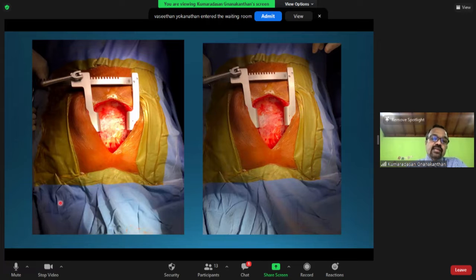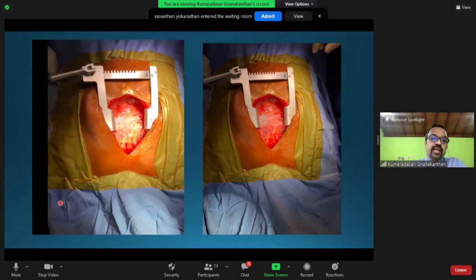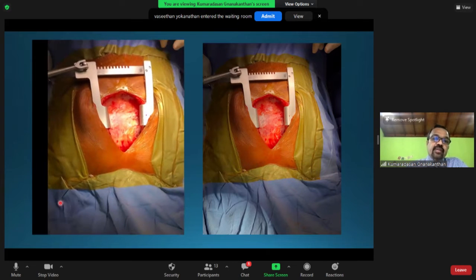And each and every step of surgery is very important, and meticulous hemostasis is of paramount importance in aortic surgery. Here you can see a median sternotomy being done, and you can apply bone wax to the bone, or some people don't apply bone wax at all, but make sure that you have adequate hemostasis.